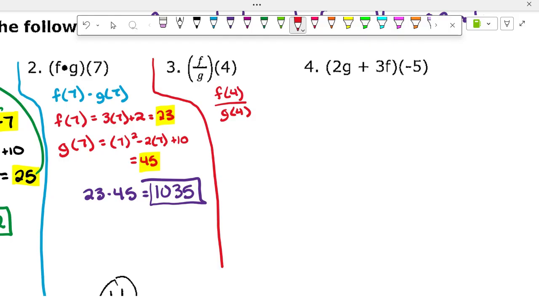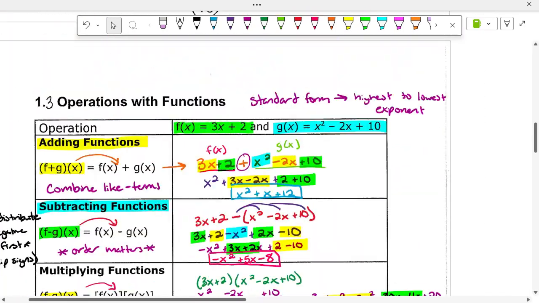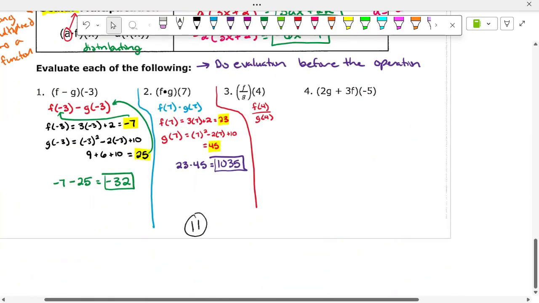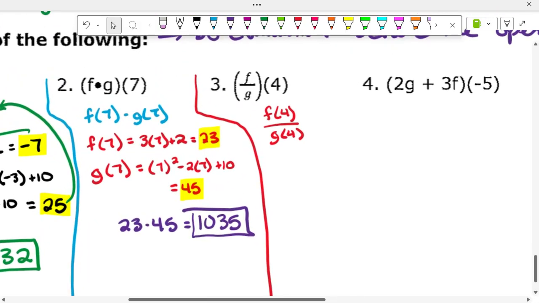I'll give you a couple minutes. And again, we're using the functions from up top, the ones that are way up here, same functions. Sorry if I didn't make that clear. Hey guys, if you want a calculator, because a lot of these you don't have to do by hand, use a calculator.